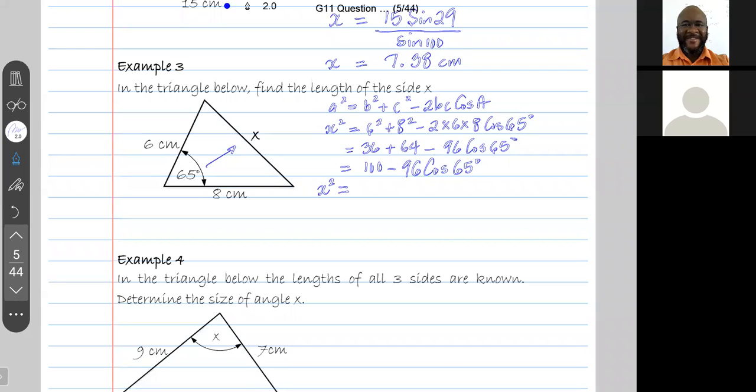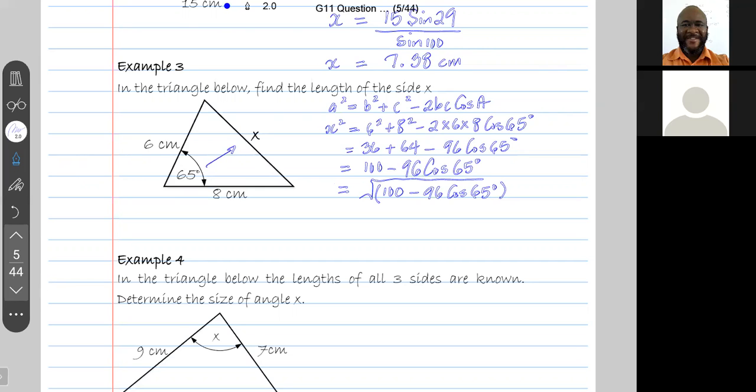If I want, I could just say the square root of all of this and put it in my calculator: 100 minus 96 cosine 65 degrees. That's what x would be equal to. The only thing I would say is that when you're putting that in your calculator, ensure you put it in brackets, or else you're not going to get the correct answer.